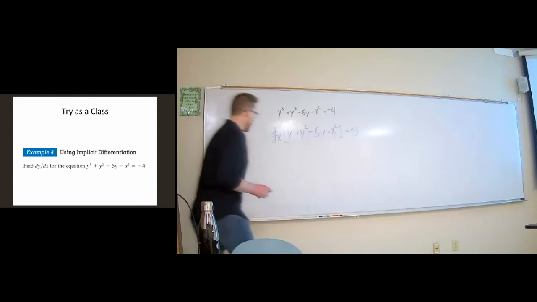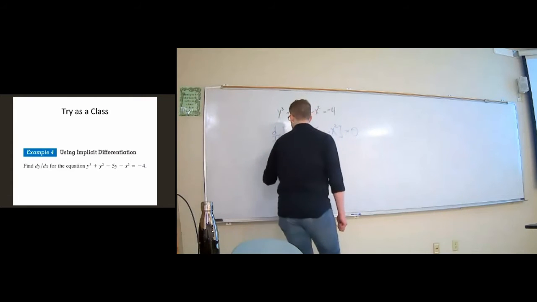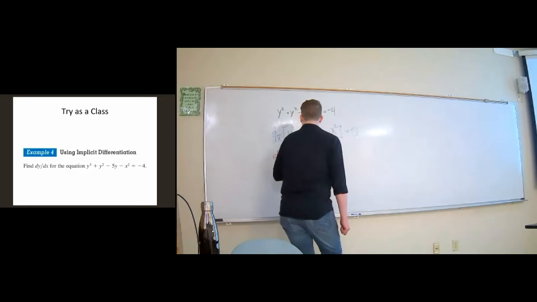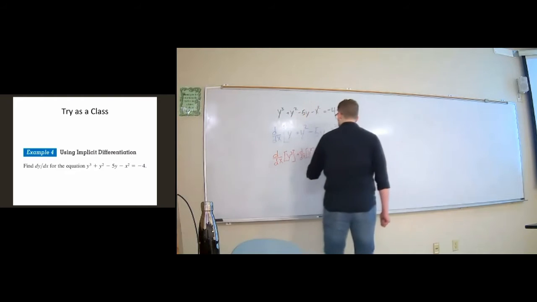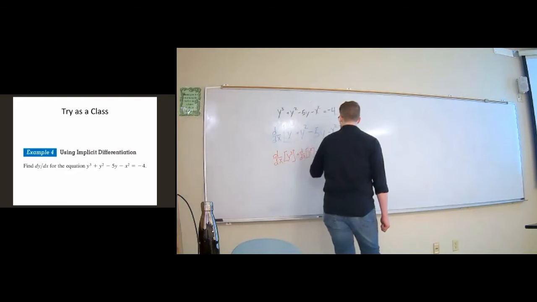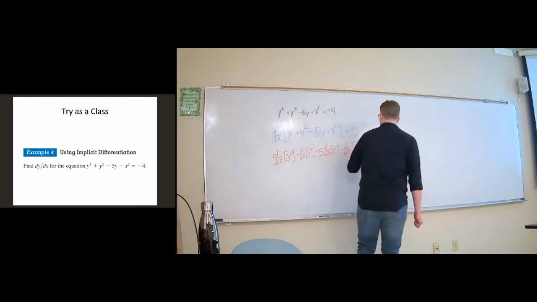Right now, this we know can be rewritten as d/dx of y cubed plus d/dx of y squared minus 5 times d/dx of y minus d/dx of x squared. All of this is equal to 0.